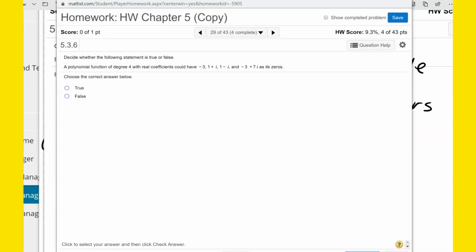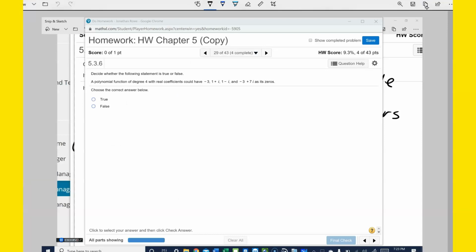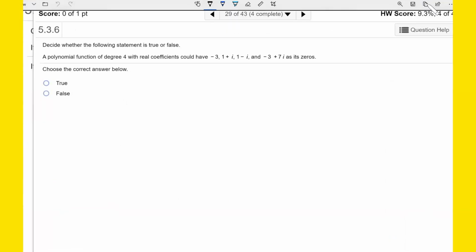A polynomial function of degree 4 with real coefficients could have -3, 1 plus i, 1 minus i, and -3 plus 7i as its zeros. Well, it's a degree 4, so it's got to have 4 complex zeros, but this is not possible. Why is this not possible? Because, as we just said, complex zeros always come in pairs.